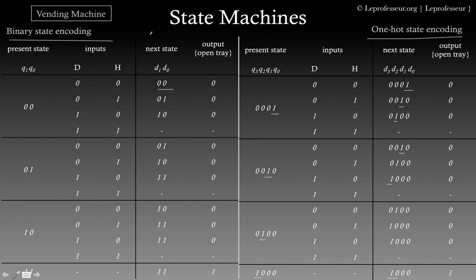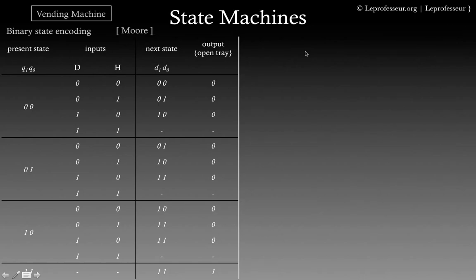For explanation purposes, I will be using binary encoding to make you understand, but you can also go ahead and try the same examples with one hot state encoding. Fairly simple. So let's try to understand the Moore machine. We already have this binary state encoded table.